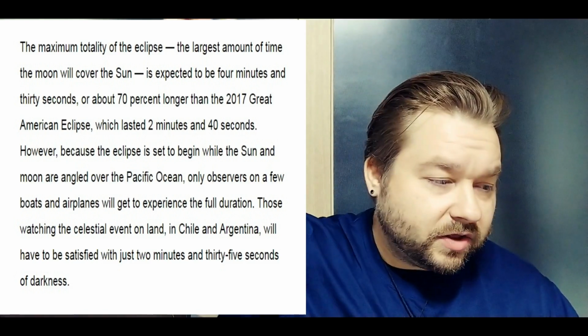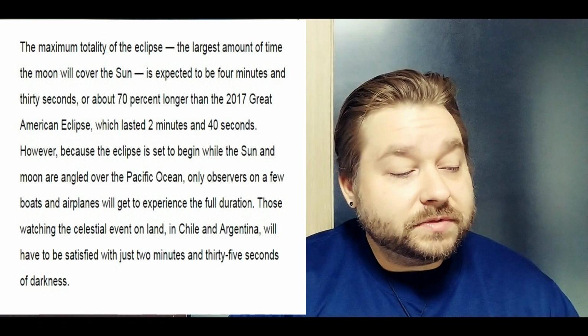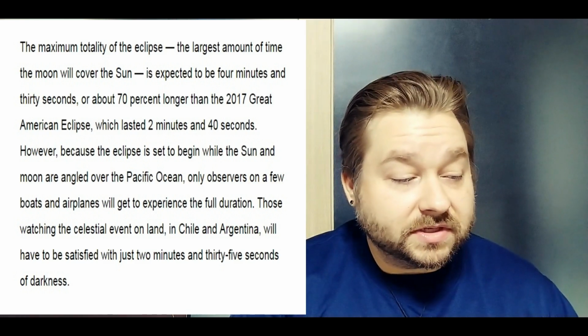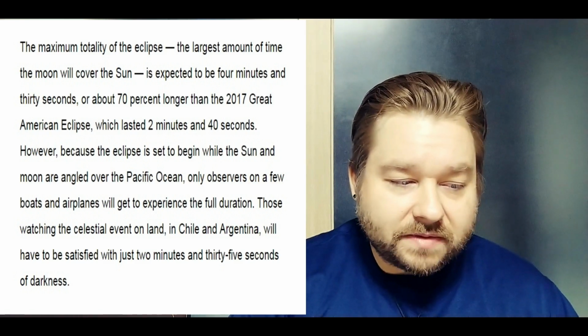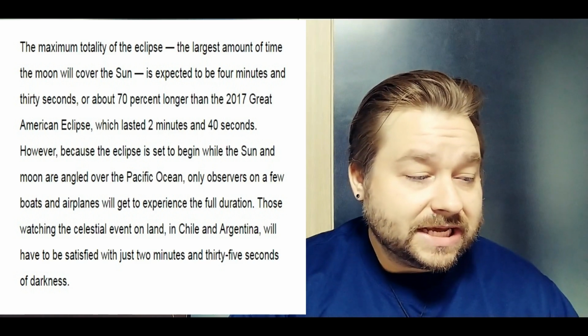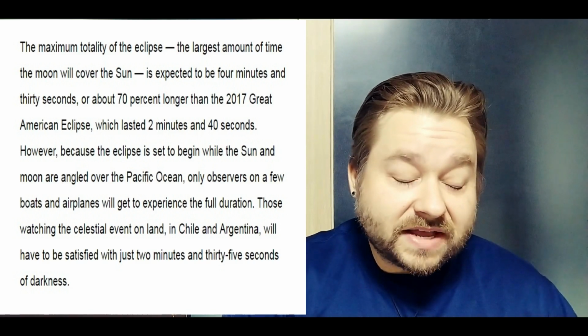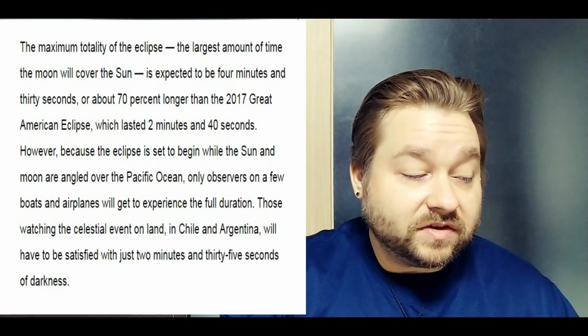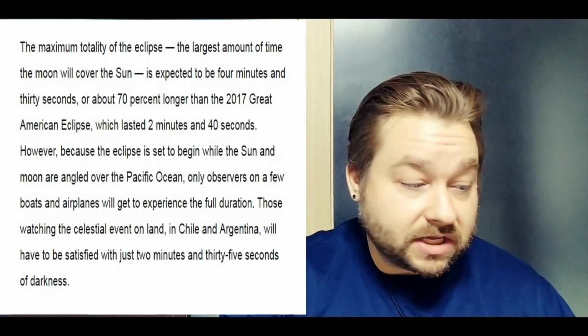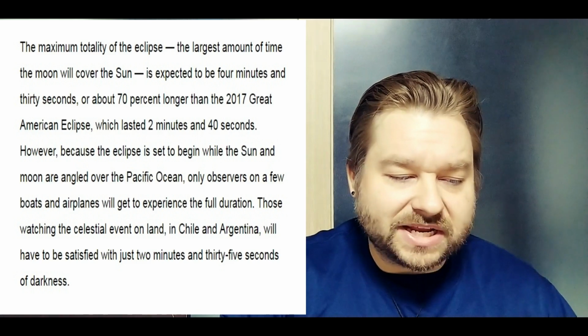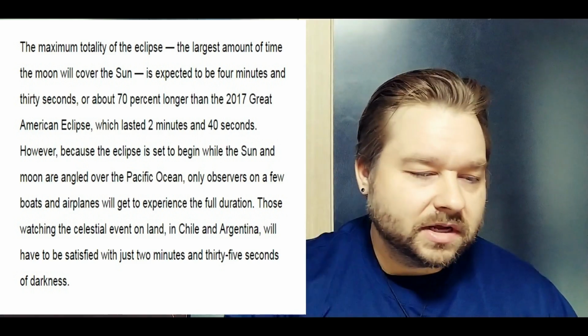Right from the beginning, all the way at the top. The maximum totality of the eclipse, the largest amount of time the moon will cover the sun, is expected to be 4 minutes and 30 seconds, or about 70% longer than the 2017 Great American Eclipse, which lasted 2 minutes and 40 seconds.